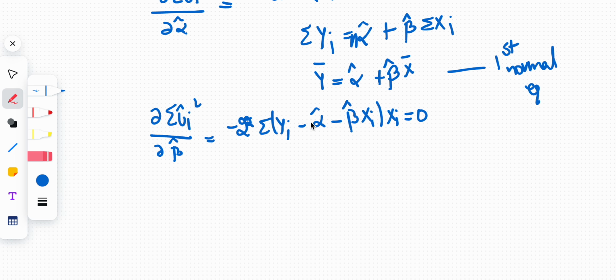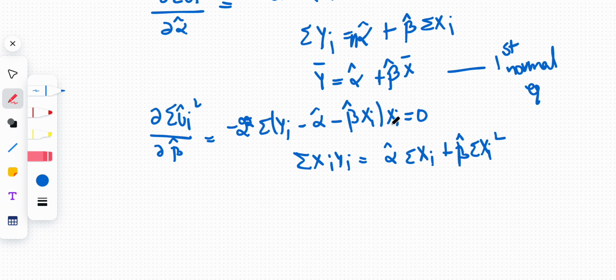That would mean summation xi yi equals alpha cap summation xi plus beta cap summation xi square. Right, that will be my second normal equation.